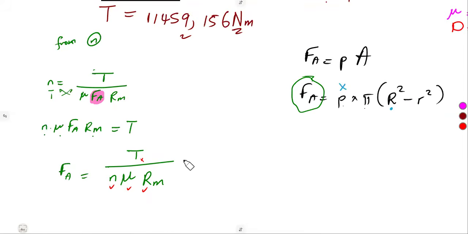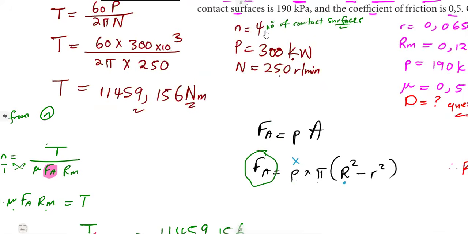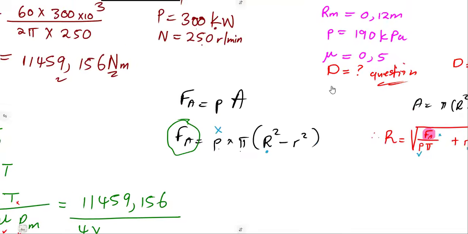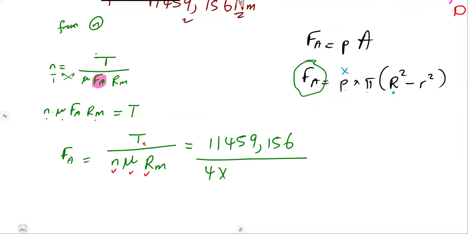Our force is calculated from here because we've got our torque now: 11459.156, everything over the number of contact surfaces, the pairs that we are given, which is 4, times the coefficient of friction, which is 0.5, times our Rm. Do we have that one?